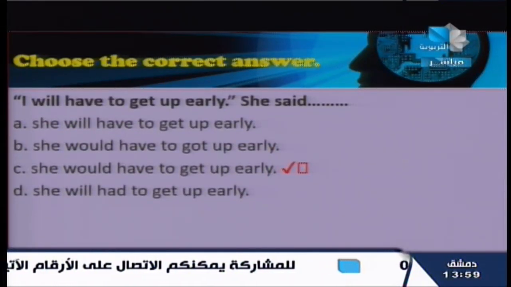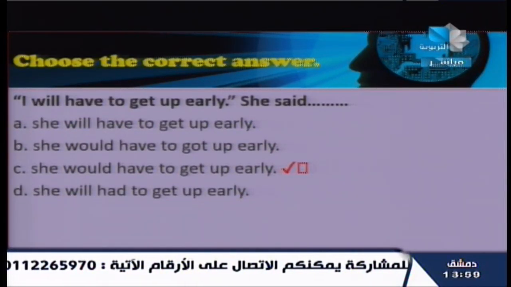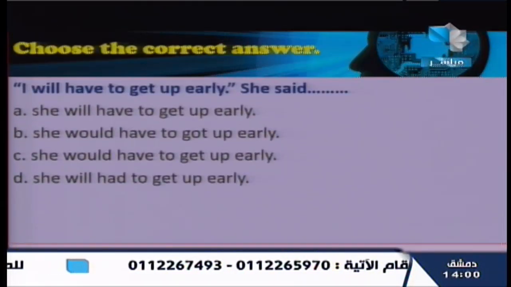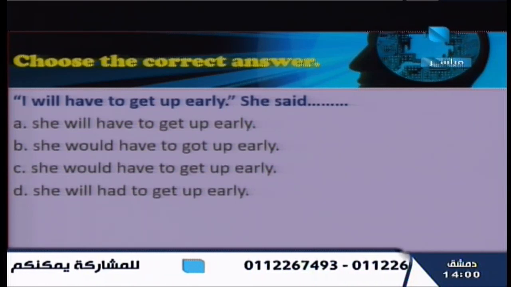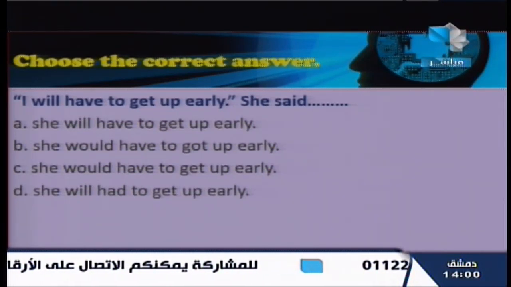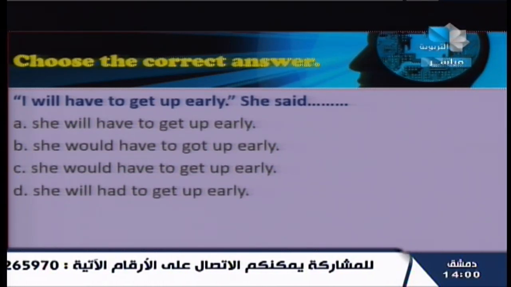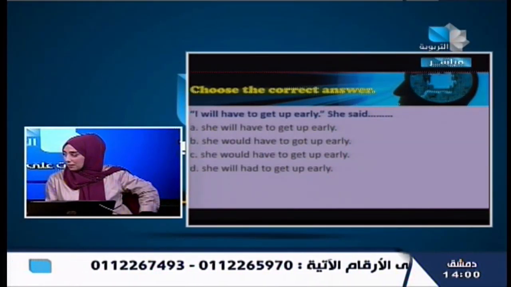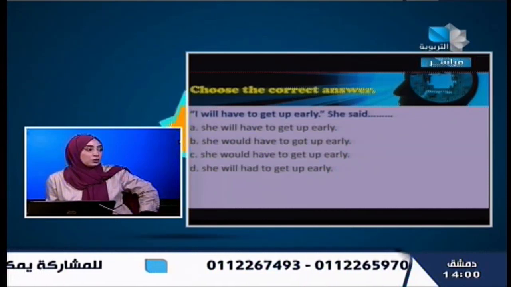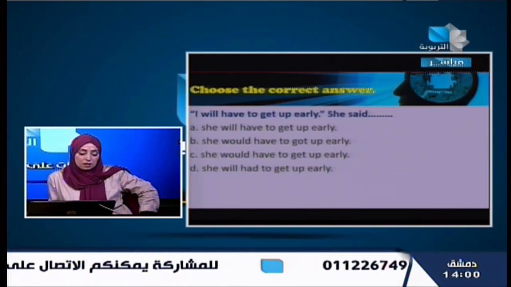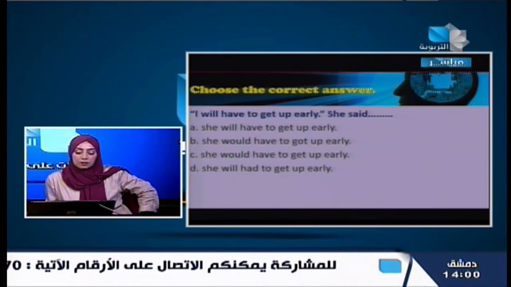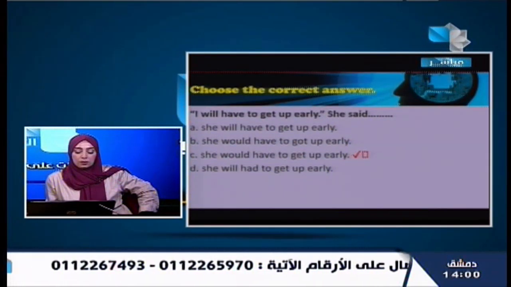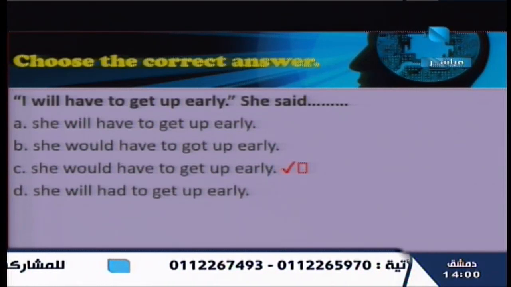No, because we keep will. B, she would have to get up early. And C, she would have to get up early. The same answer? No, or to get? To get, sure. So C is the right answer. She would have to get up early. Thank you.